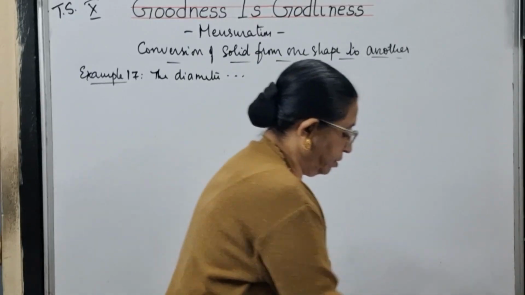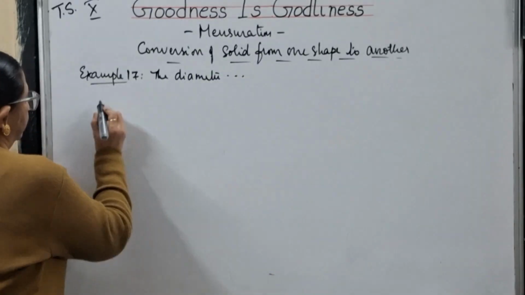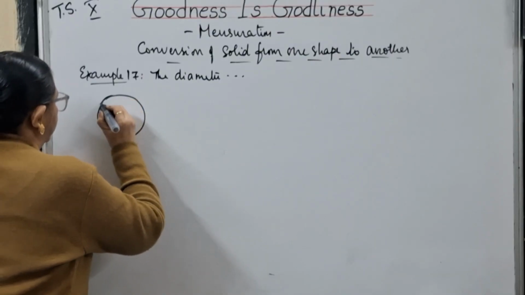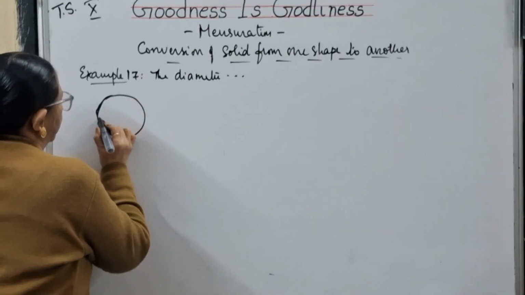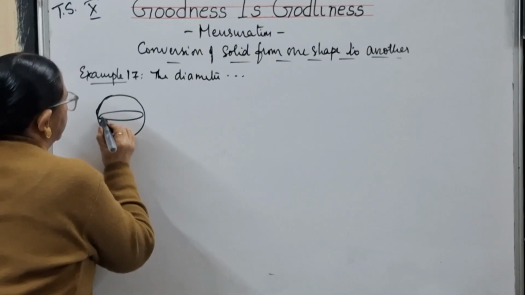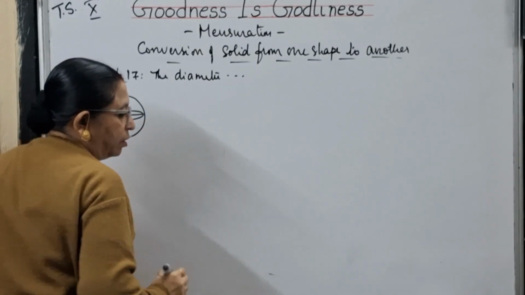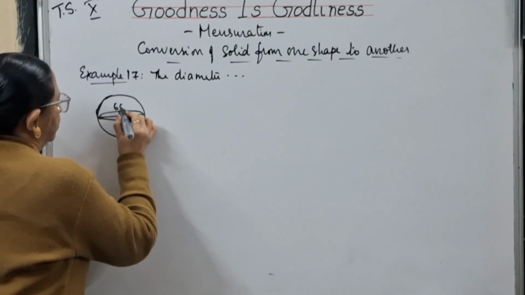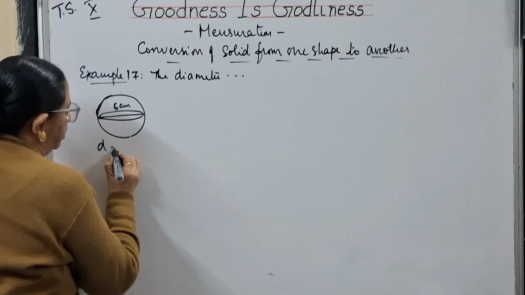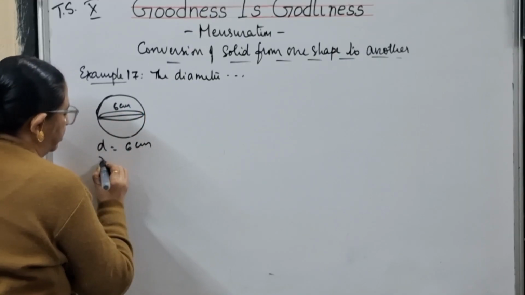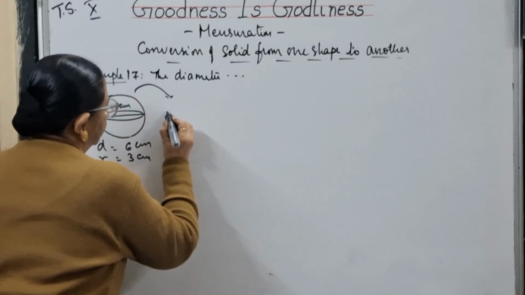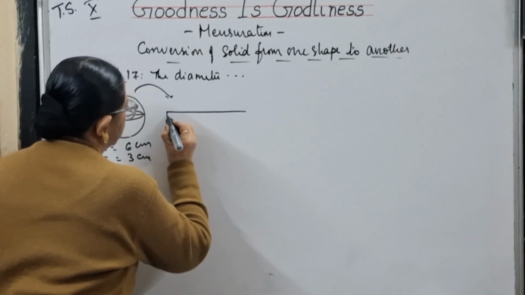So there is a sphere. The diameter of the sphere is given as 6 centimeters. That means the radius is 3 centimeters. It is converted into a long wire.